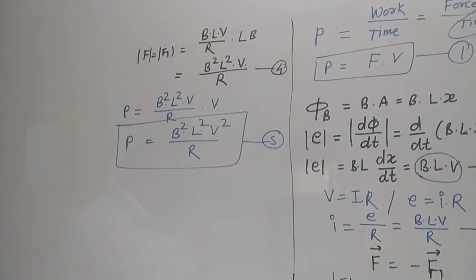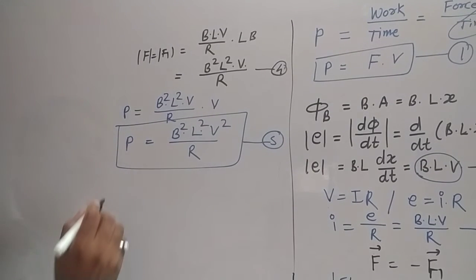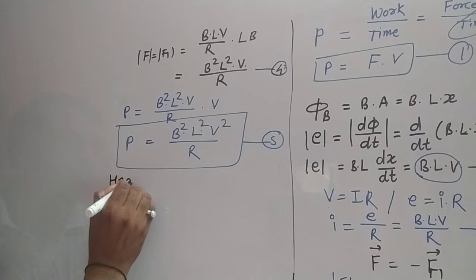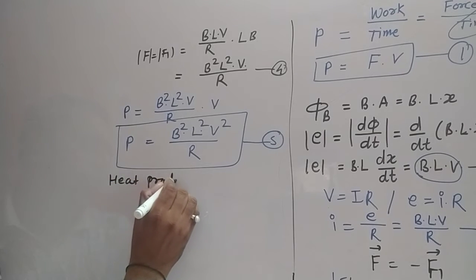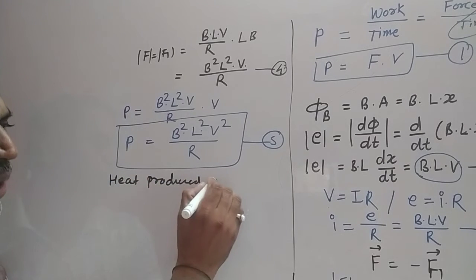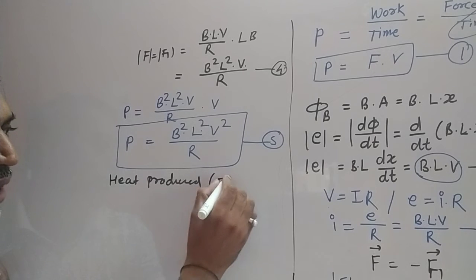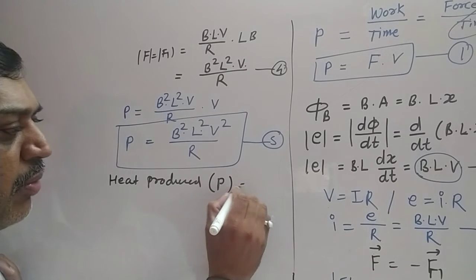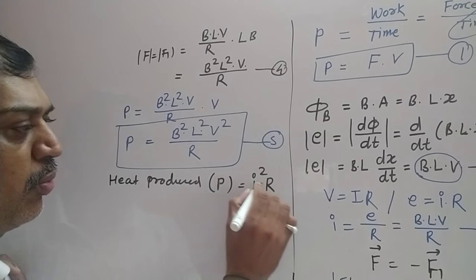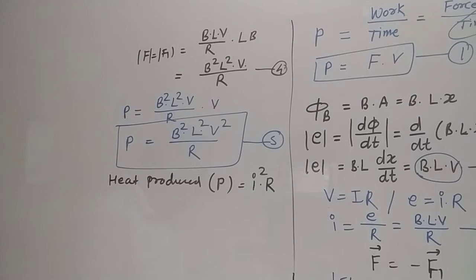How much heat is produced? The rate of production of heat. So the heat produced in the coil, that we have to find out. Suppose we represent that also by P, then P equals I square into R.